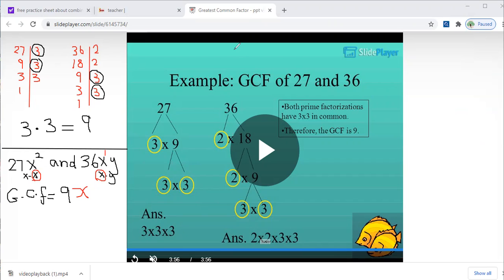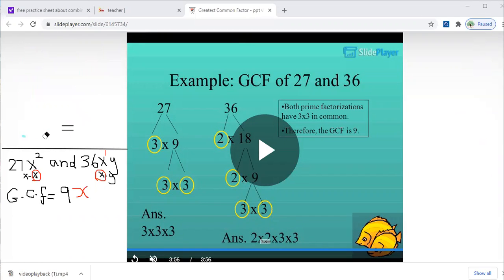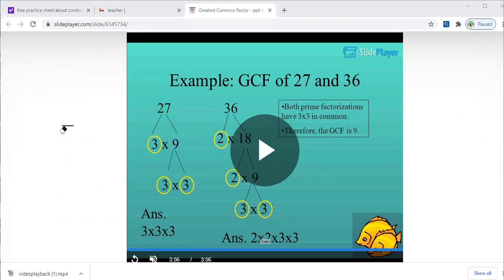Let me give you another question. I have 6a to the power of 2, b to the power of 3 minus 2ab to the power of 2.